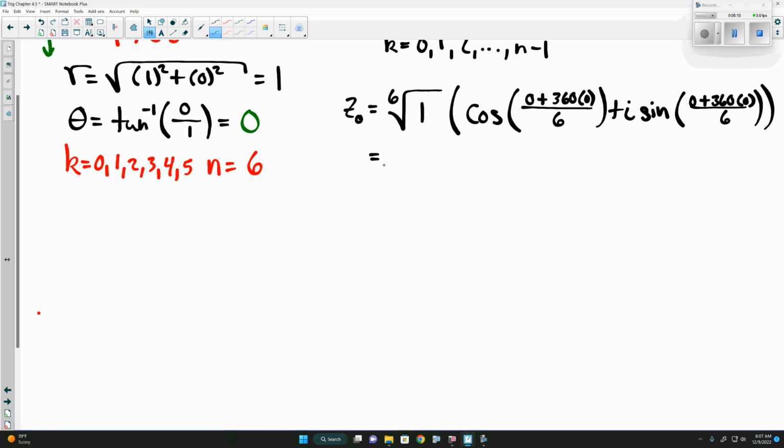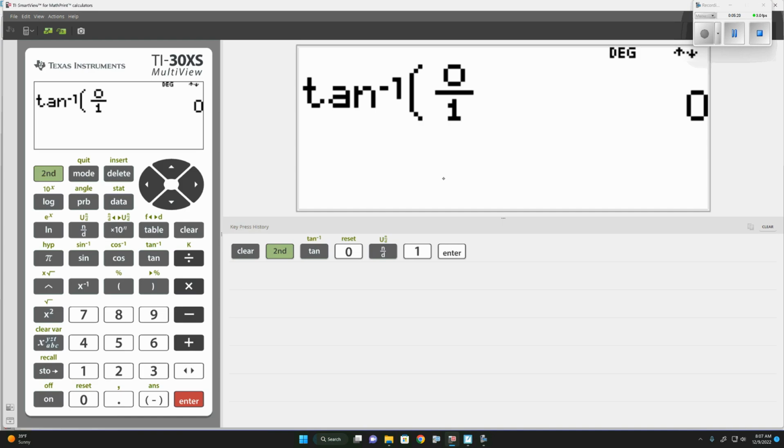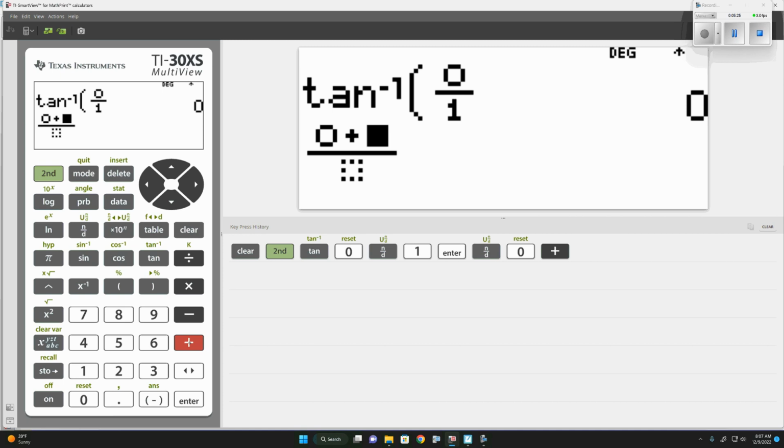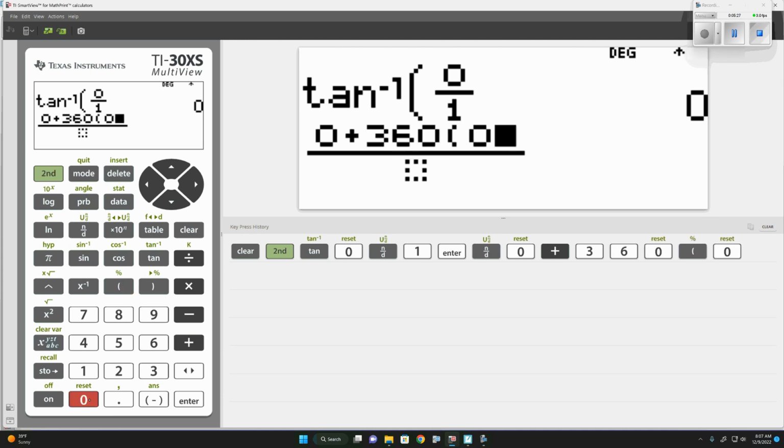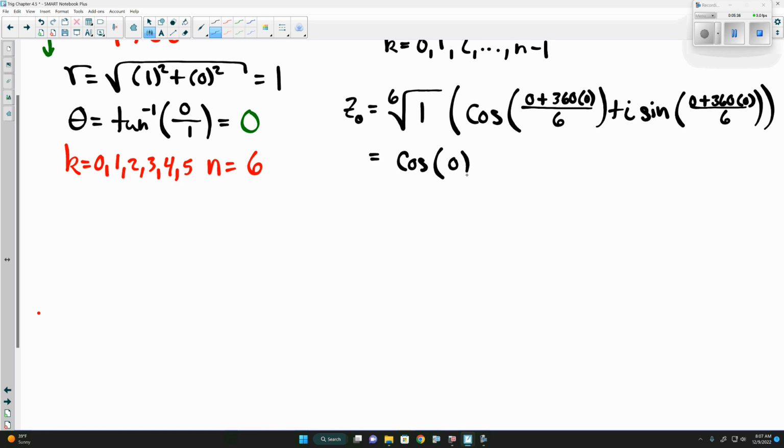Now we already said the sixth root of 1 is just 1. I don't have to rewrite it back in. So really what we have is cosine of 0 plus 360 times 0 over 6, which is, surprise, surprise, 0. Cosine of 0 plus i sine of 0.